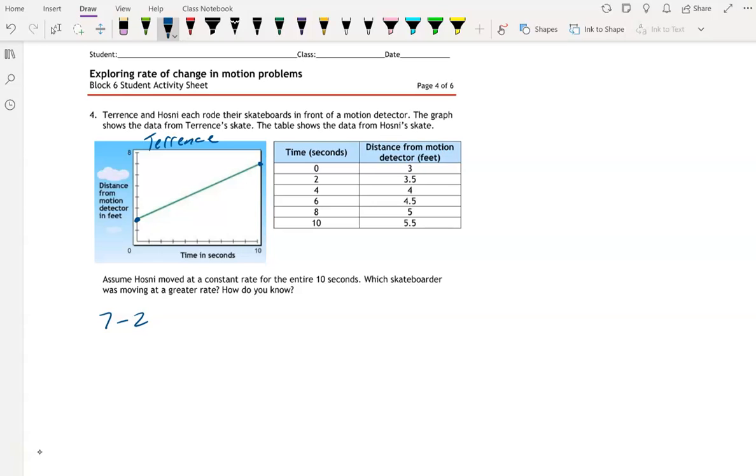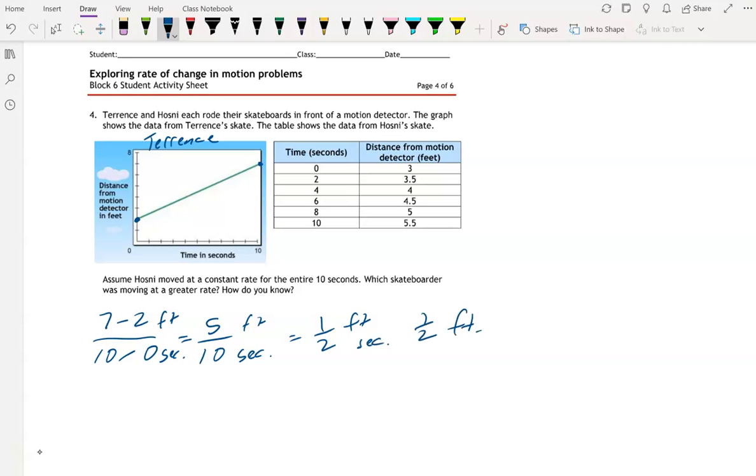So 7 feet minus 2 feet over 10 minus 0. 7 minus 2 is 5. 10 minus 0 is 10. And remember, that's feet per second. So 5 feet in 10 seconds. That simplifies down to 1/2 of a foot in 2 seconds, or we just say that's 1/2 foot per second. That's Terrence.